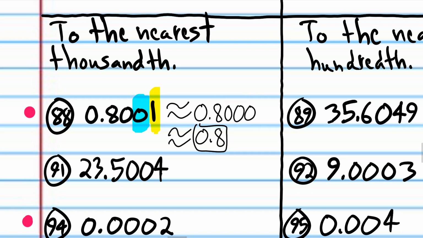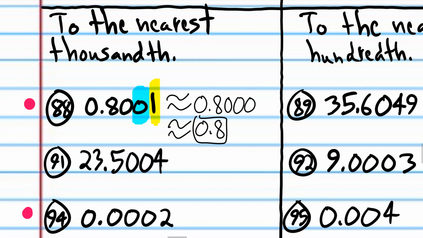And again, the reason for that, if you go back to the previous class, 0.8000 is the same thing as 8,000 10,000ths. But that fraction just reduces to 8 over 10, which is what 0.8 means. So in case you're wondering why this expression is equal to this expression, that's the reason.